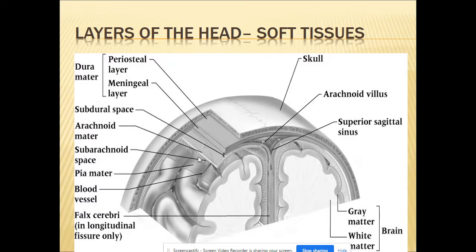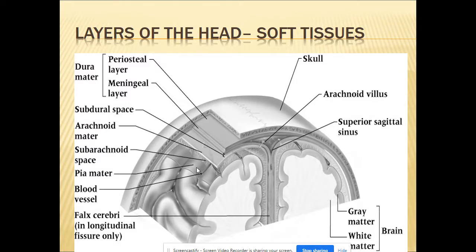So there is a space between the arachnoid mater and the last mater, which is called the pia mater, and that's called the subarachnoid space. There is some cerebrospinal fluid naturally found in there that separates the arachnoid mater from the pia mater.